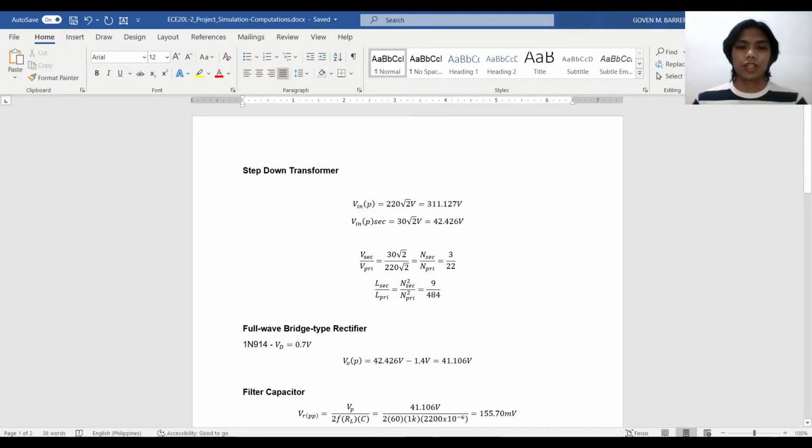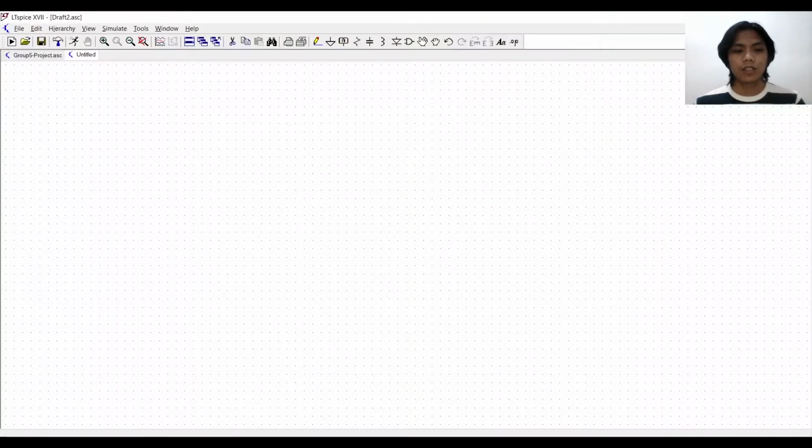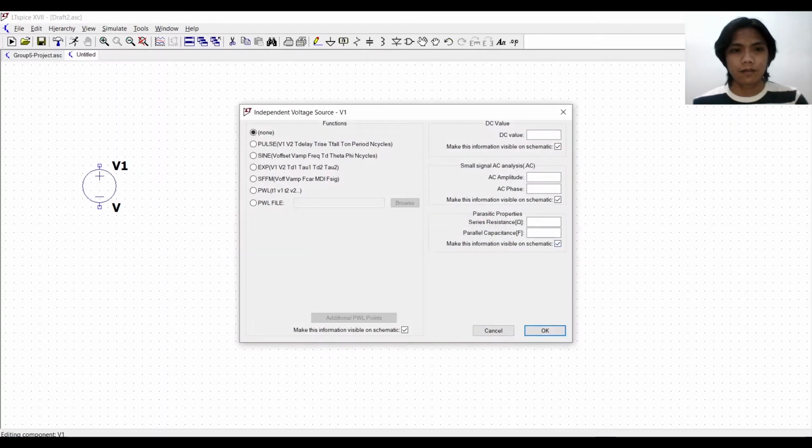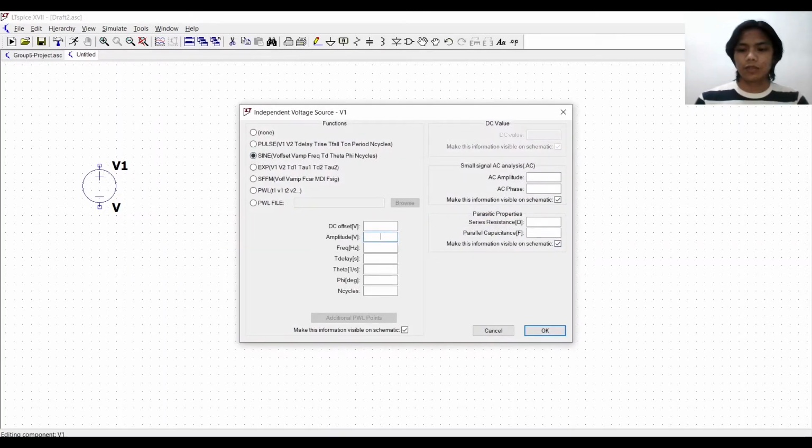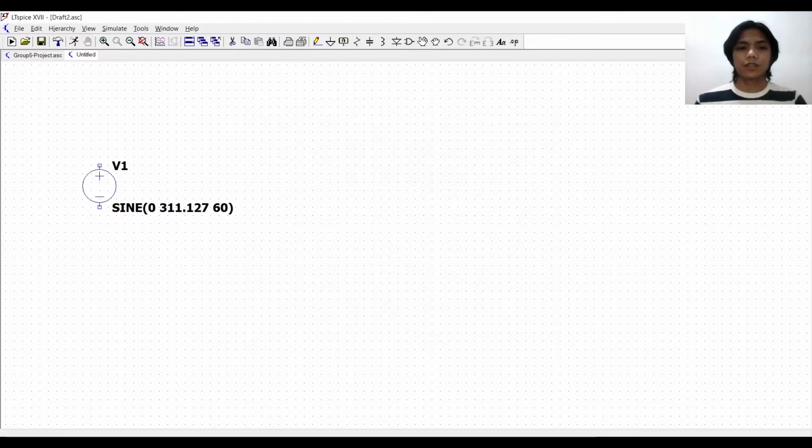We have to convert the RMS voltage into a peak voltage value, so we multiply the RMS voltage by the square root of 2, and it would yield 311.127 volts. By inputting that in LTspice, the amplitude would be 311.127 at a frequency of 60 Hz.